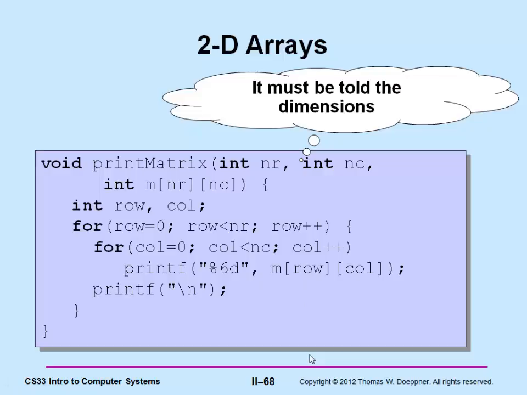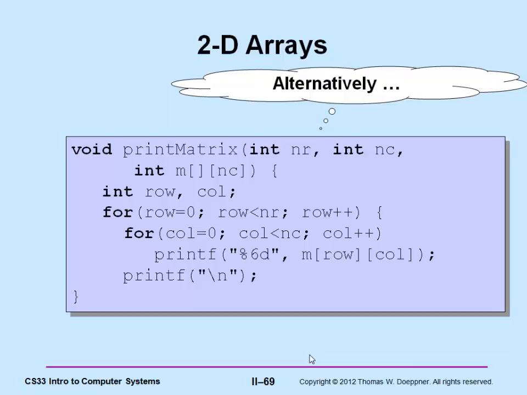Now, an alternative way of doing this is, well, we saw before that we can print out a single dimension array without giving in the argument list what the bound is. Now we're sort of doing that here, except as a single dimension array, this is an array of int in C.